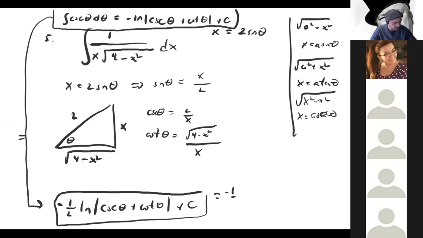So we're now in a position to write the final answer, and thank you for pointing that out. It looks like it's minus 1/2 ln of the absolute value of 2 over x plus the square root of 4 minus x squared over x, plus c.